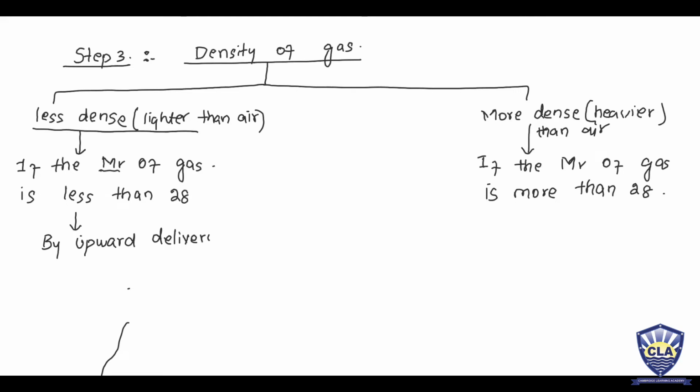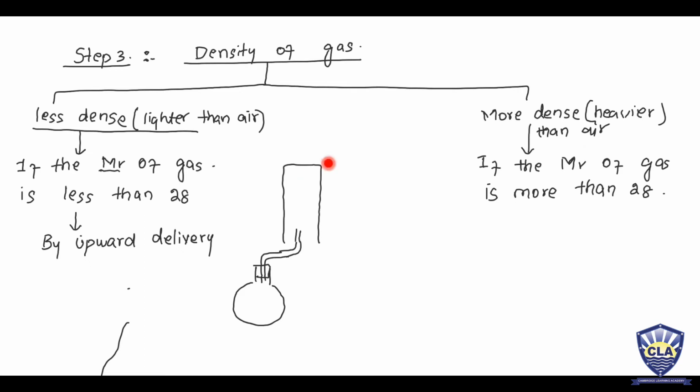Okay, what is the upward delivery? Let's suppose this is the system by which the gas is being produced. So you should invert the gas cylinder like that, because the gas is lighter. It is very light, so it will rise up.